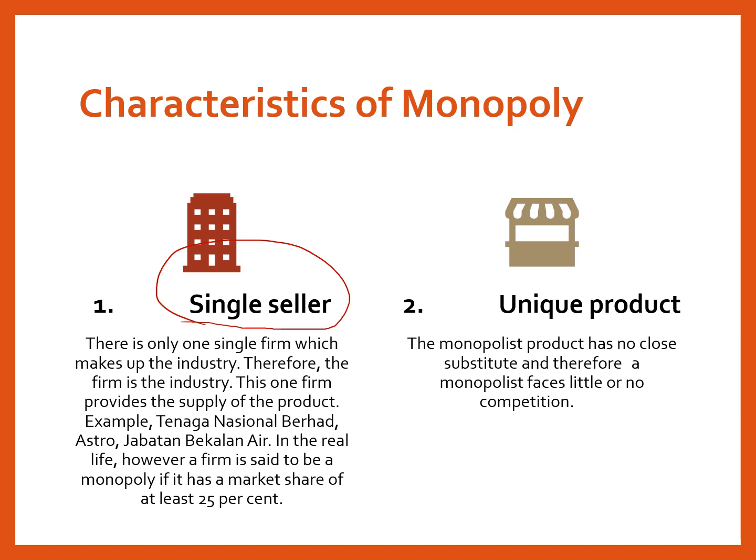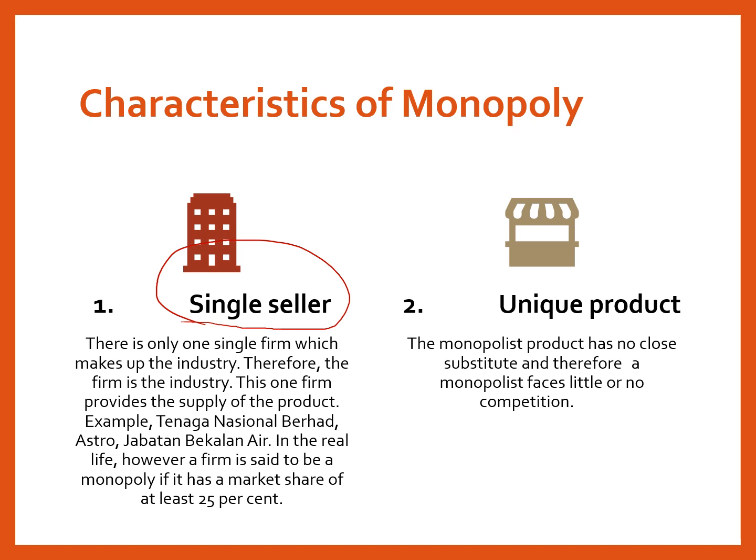Single seller means that there is only one single firm which makes up the industry. Therefore, the firm is the industry. Since dah tak ada lagi competition, dah tak ada lagi mana-mana company yang bersaing dengan pasaran sedia ada dalam pasaran monopoli, it means firms itu sendiri adalah industri.